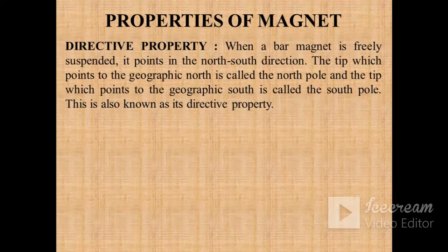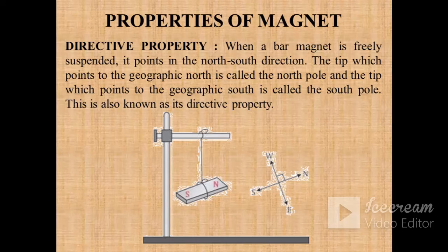Next is the directive property. When a bar magnet is freely suspended, it points in the north-south direction. Those are the geographic north and south directions that we use to indicate directions. The tip which points to the geographic north is called the north pole, and the tip which points to the geographic south is called the south pole.